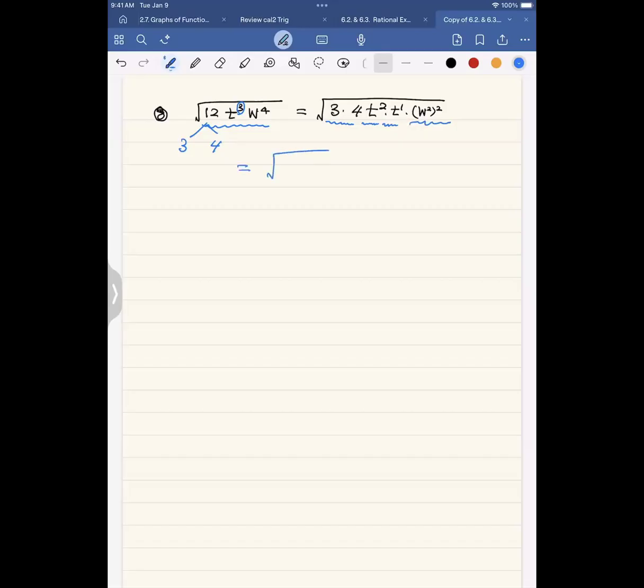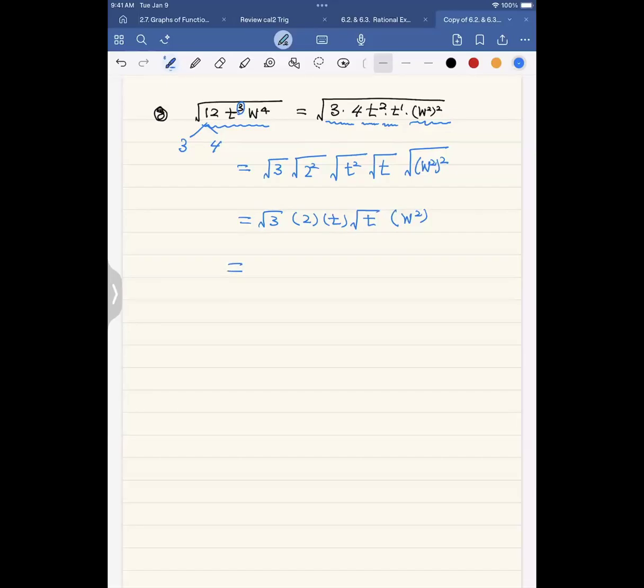So that equals square root of 3 times square root of 2 squared times square root of t squared. Square root of t to the 1 power is just square root of t. Then square root of w squared squared. So that's square root of 3 times 2 times t times square root of t times w squared.